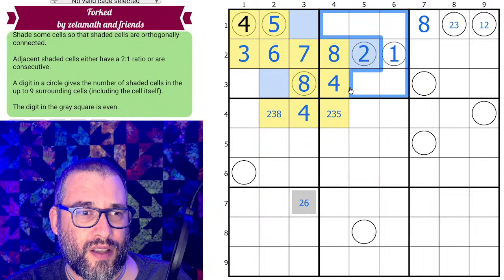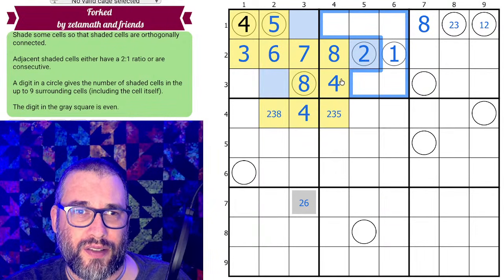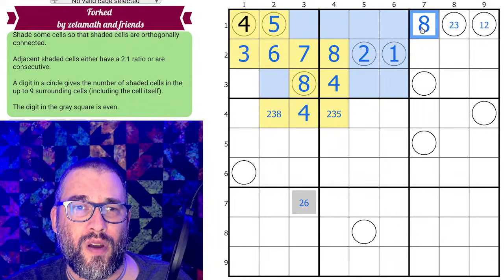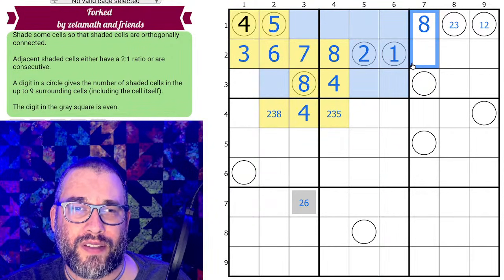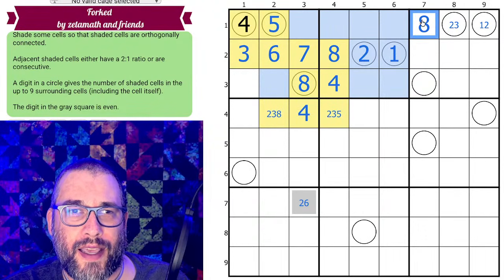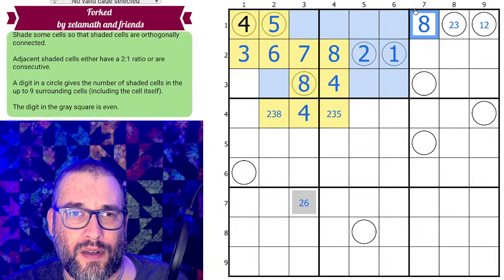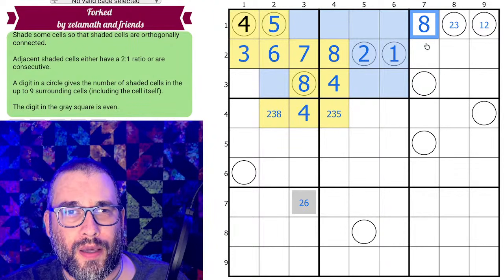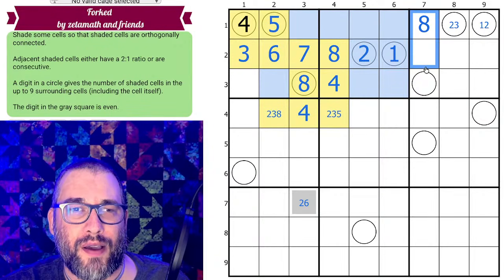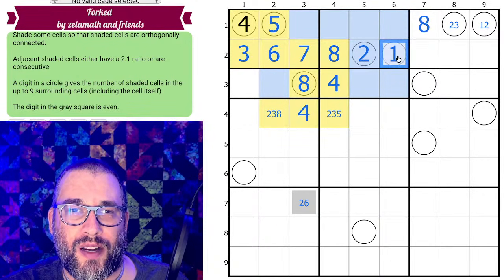And this is unshaded. Now, what we argued essentially is that one of these cells has to be shaded. And it can't be this one. Because this would have no way of getting out. If it got out this way, two cells would be shaded, breaking that circle.